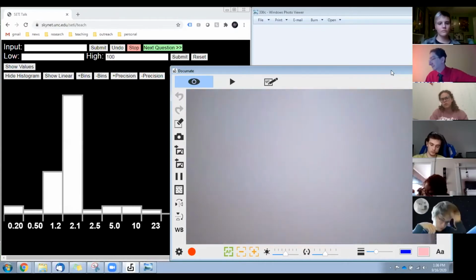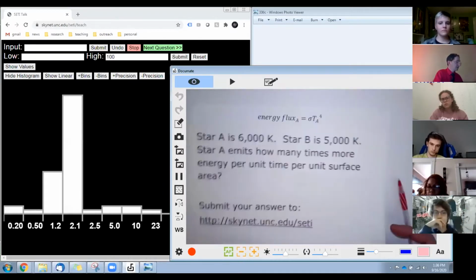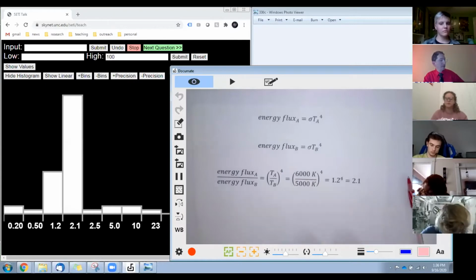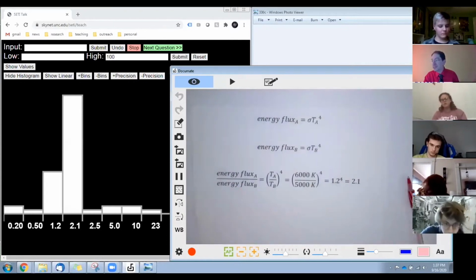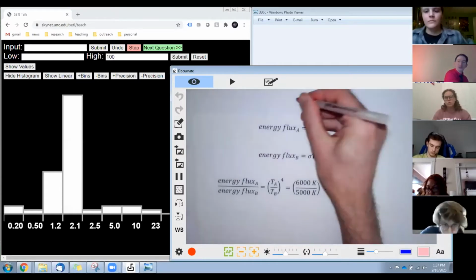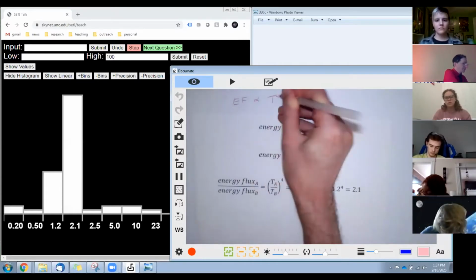Could you put that little graphic back up on the screen that explained that last warm-up question? This right here? Yep, go ahead. And really, when I put this here, I'm spelling it out in detail, but you should be getting to the point where you just remember energy flux is proportional to temperature to the 4th.